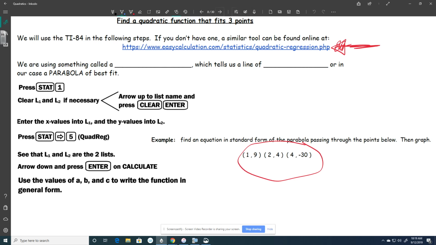And there are instructions here on how to do that on your calculator. So on the homework, I think number 10 and number 11 are going to use this information right here. Just follow these steps and it'll help you through the process to do numbers 10 and 11.